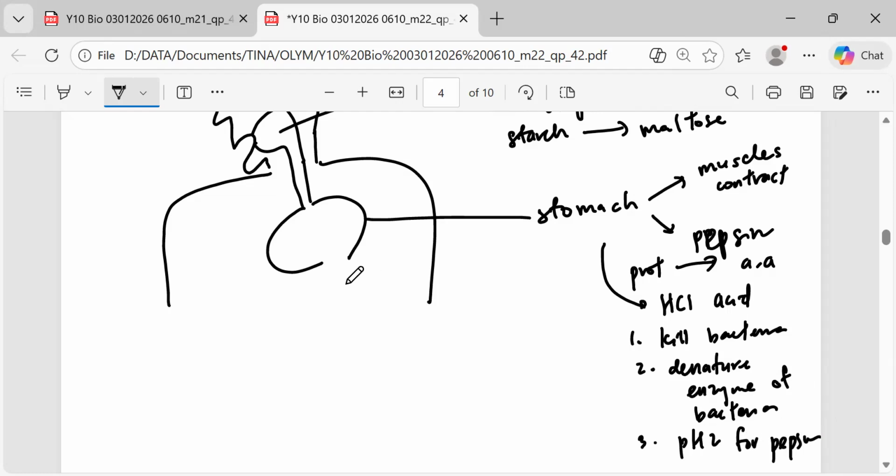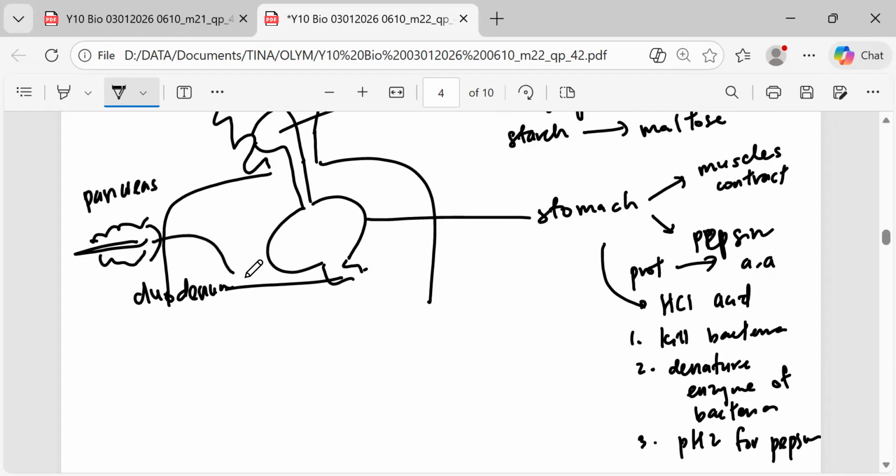Okay, and then your next organ is your duodenum. So the duodenum doesn't have any enzyme, so it has to import. It imports from the pancreas, which is not here outside the body, but I have no place to draw. So pancreas, and also the liver will make bile in the bile duct.